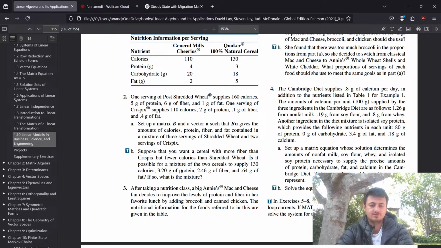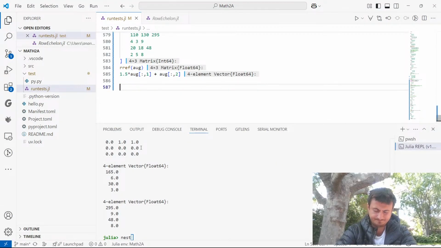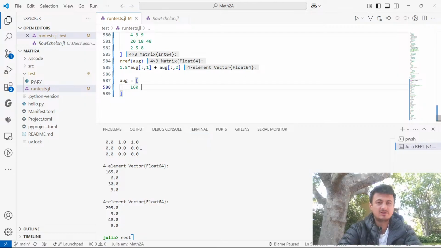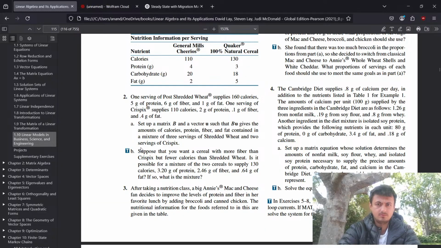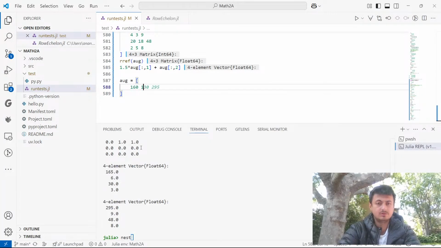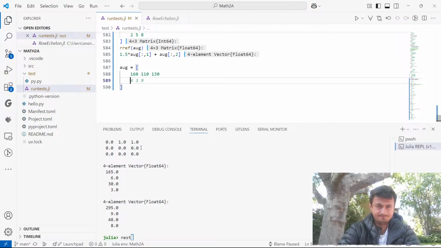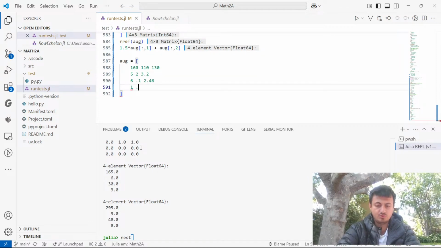Okay, so let's just do this thing. So first off, we're going to have the augmented matrix with 160, 110, 130, 5, 2, 3.2, 6.1, 2.46, 1.4, and 0.64.